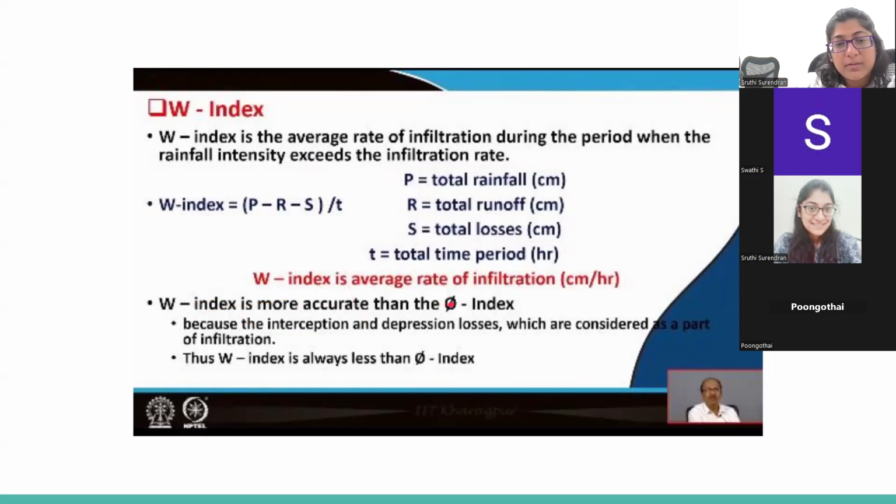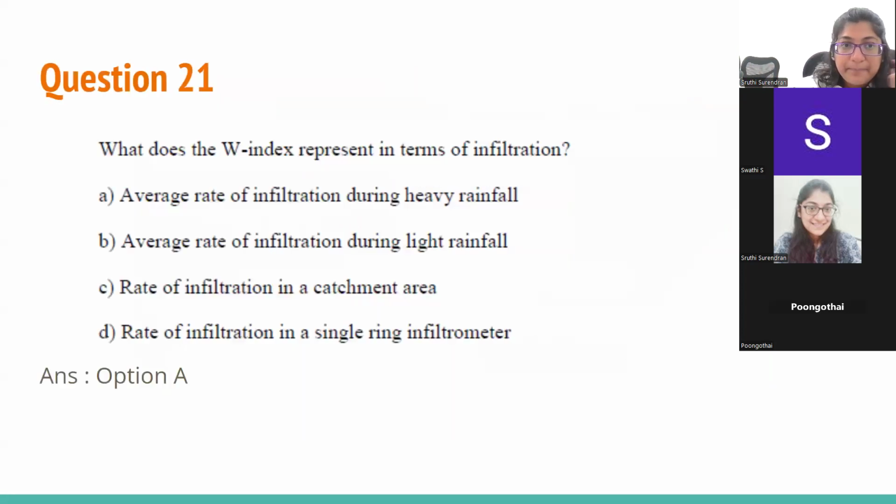So the W index is more accurate than the phi index because interception and depression losses are not part of infiltration. We obtain exclusively infiltration values.